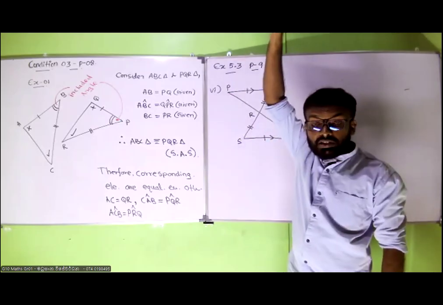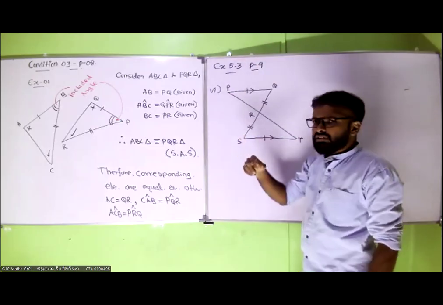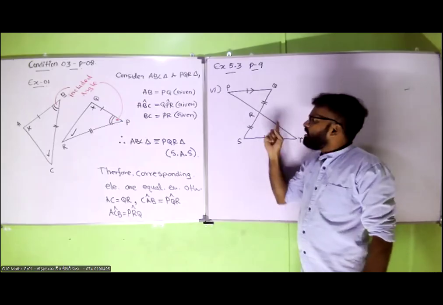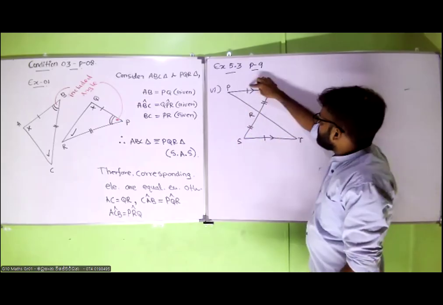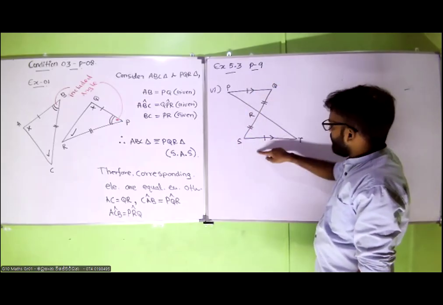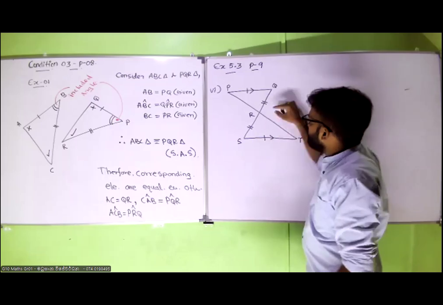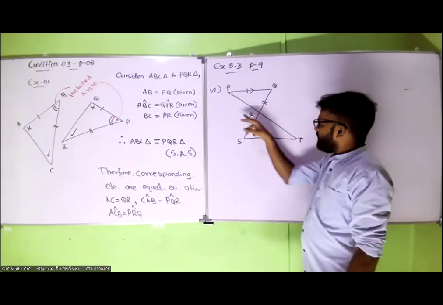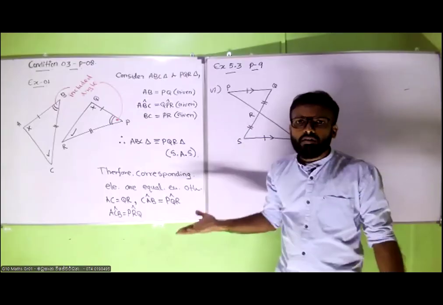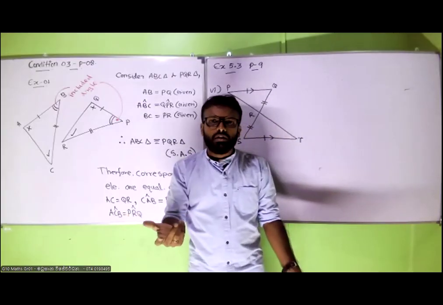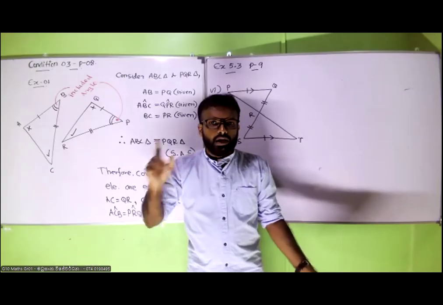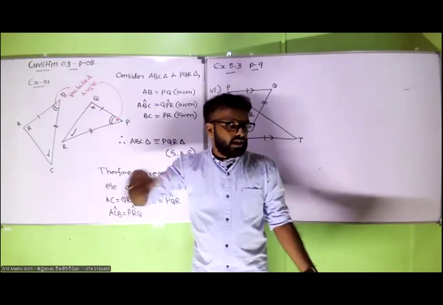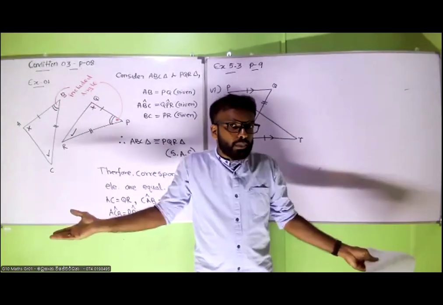That is the first condition. Can I say any side equal to any side? PQ equals ST, perfect. RQ equals RS, perfect. But can we say PR equals RT? They have not given it. Can we obtain it? No. So SSS is cancelled. We cannot apply that.